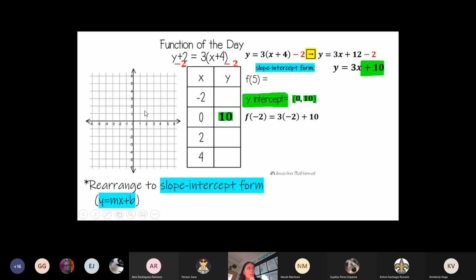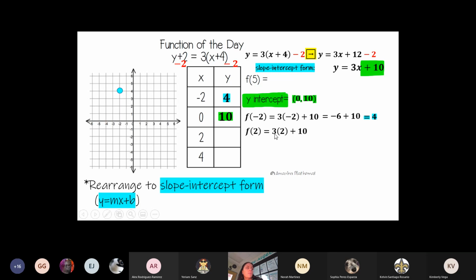I can't graph it on this coordinate plane because it doesn't fit on the graph. Then I'm going to find f of -2. I plug -2 into this function, so I have 3 multiplied by -2 plus 10, which is -6 plus 10, which is equal to 4. So I fill that in the table here, and I put the point on my graph.